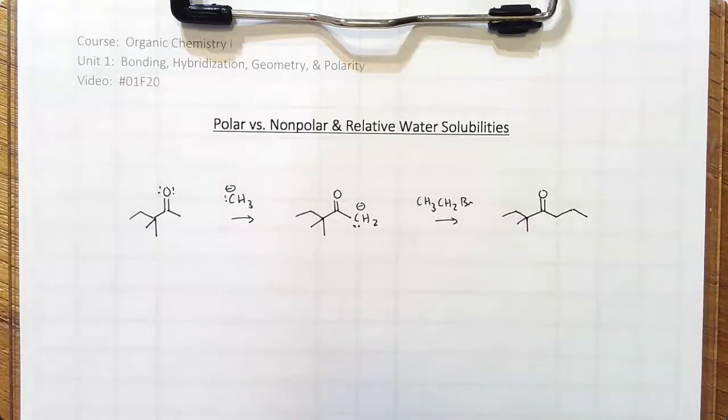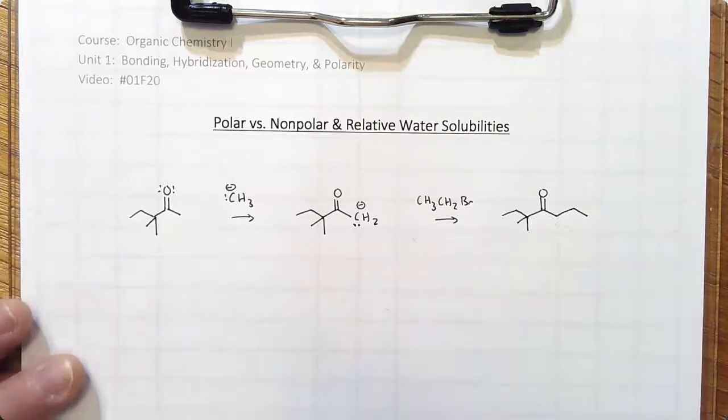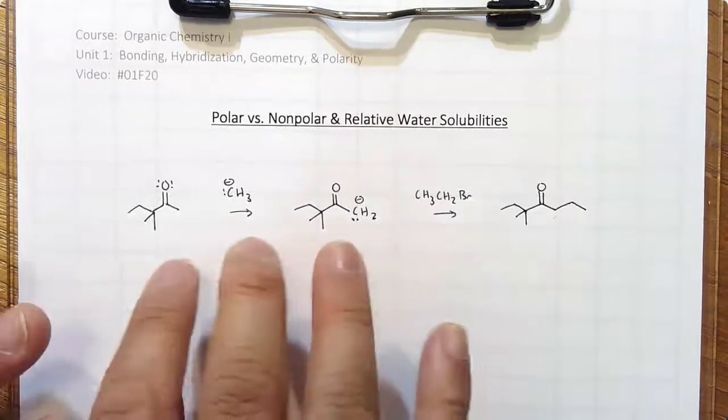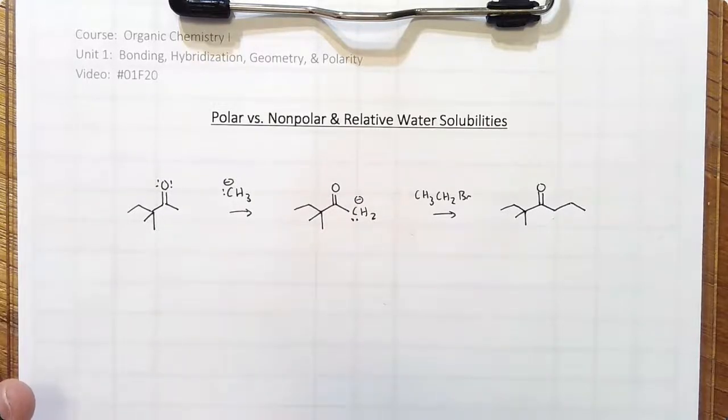Again, don't worry about the details of the reaction. Worry about, do you know the relative polarities of each of these molecules? If I'm trying to do this sequence of reactions, it would be very useful for me to track whether I am changing the molecule. And we could do that very easily by polarity.